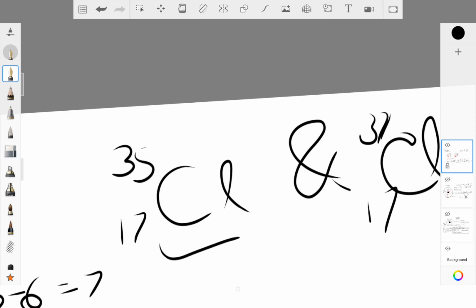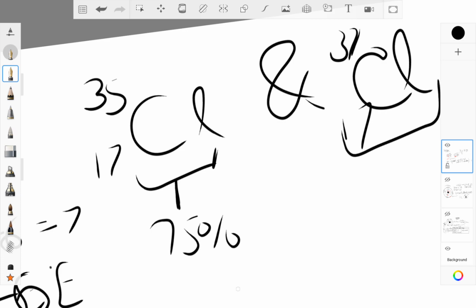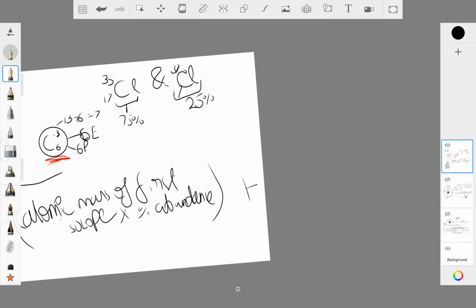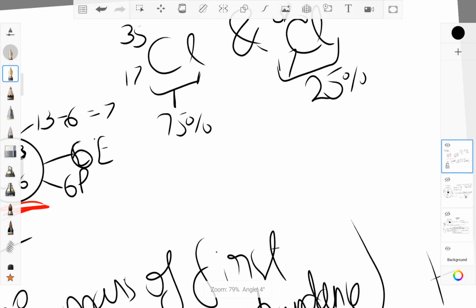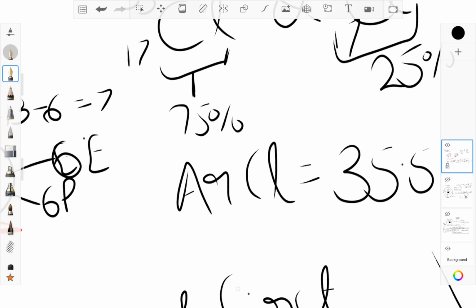Now this is found to be the case: chlorine atoms with a mass of 35 make up 75% of all chlorine in the world, while this one right here makes up only 25%. Now, based on this, once you plug it into the equation below, you can find out that the AR of chlorine is 35.5. Well, yeah, that's more or less it.